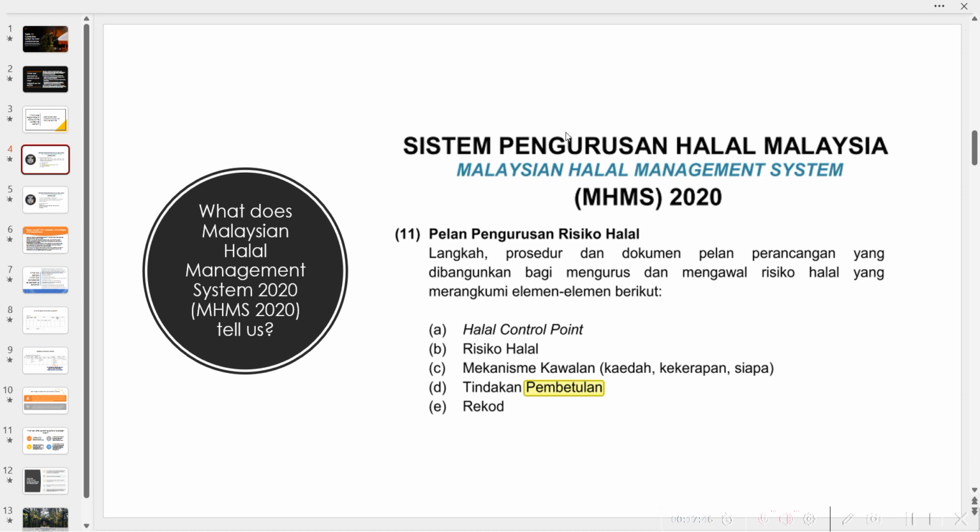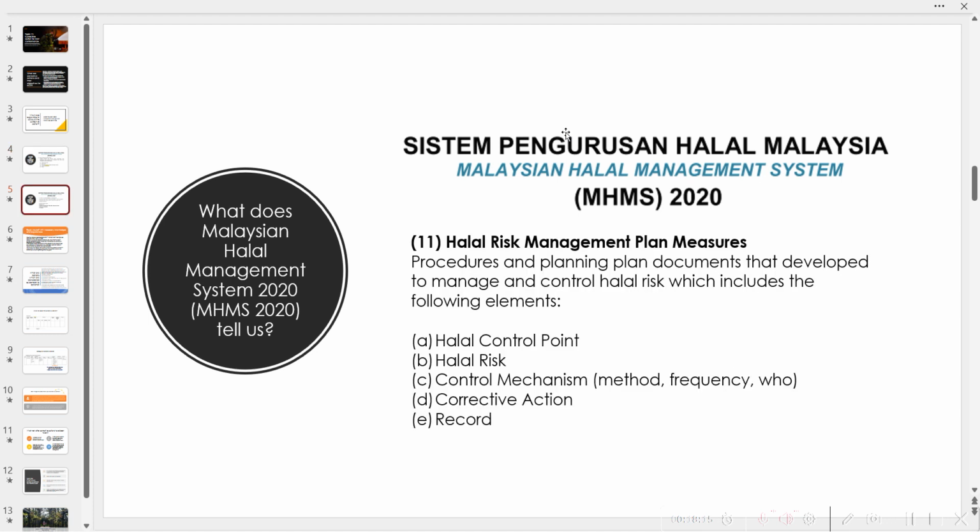If you see the words there, pelan pengurusan risiko halal, in Malay, actually this is talking about our Table 2, Halal Thayyiban Risk Management Plan Summary. Cuma dia dalam bahasa Melayu lah. And this is the 2020 version. In another 5 years, I think they will change, maybe simple different terms or additional information. This is the translation.